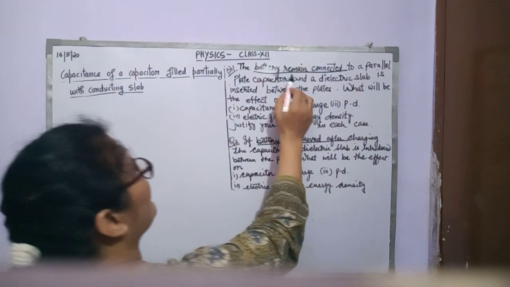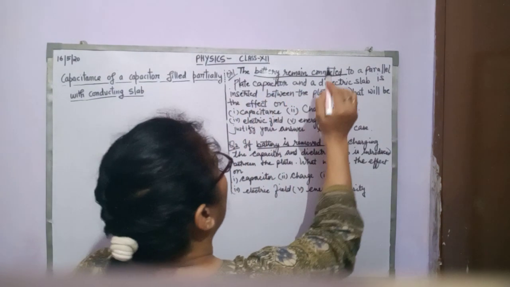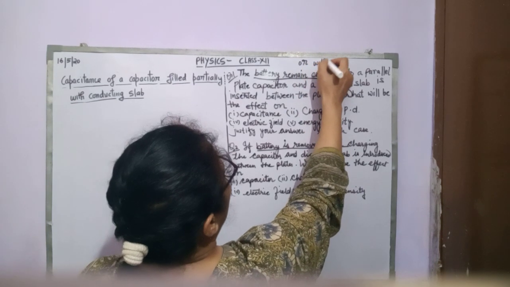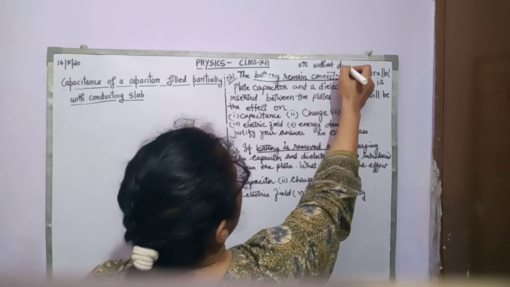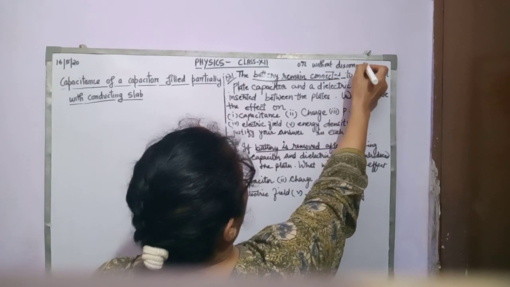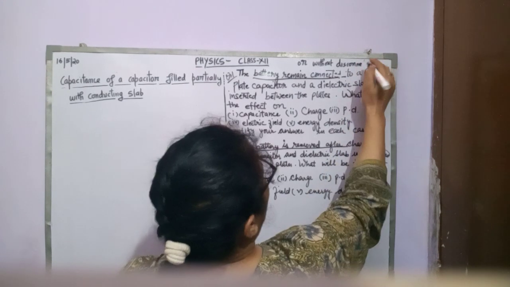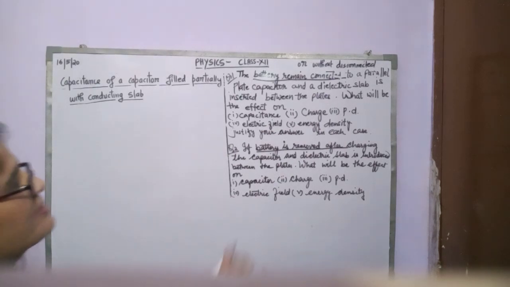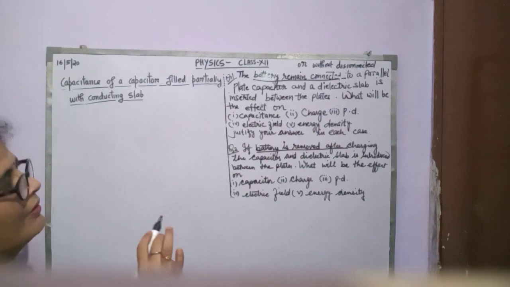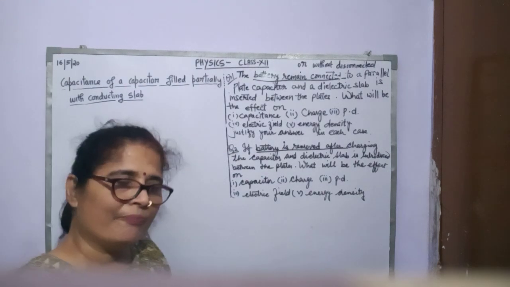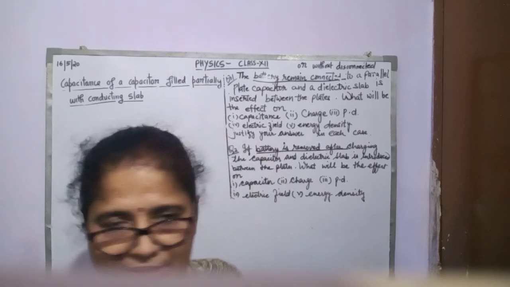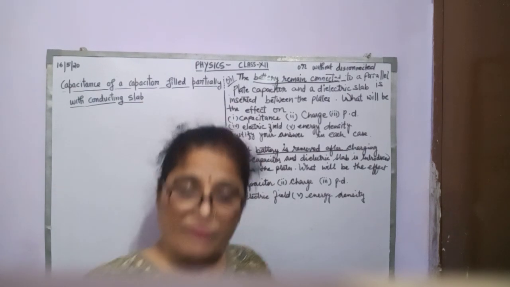If battery remains connected, or without disconnecting, both are the same thing, that means it remains connected. Now in this case your potential difference is constant. When there is no dielectric slab, suppose the potential difference is V naught, and when the dielectric slab is inserted, suppose the potential difference is V, then V and V naught are equal to each other.